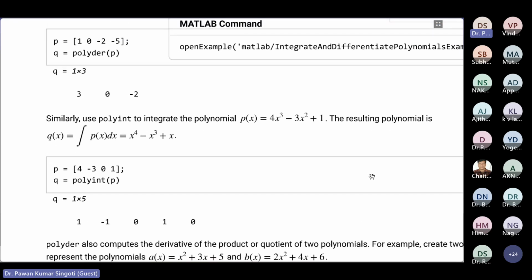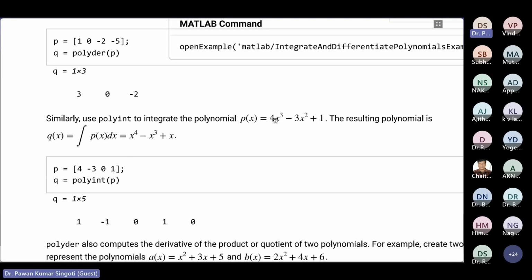For differentiation we use polyder, and for integration we use polyint. Take the polynomial px equal to 4x cube minus 3x square plus 1. The resulting polynomial after integration will be x to the power 4 minus x cube plus x. How can we solve this with the help of this command?